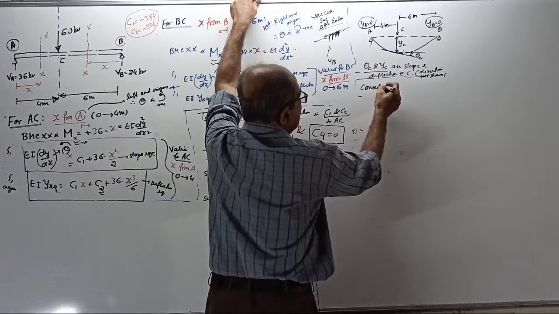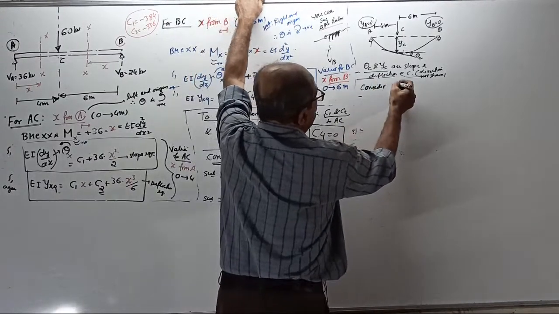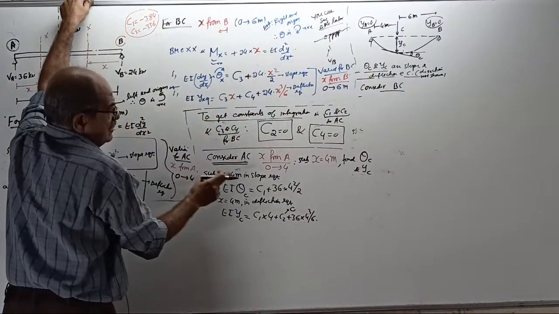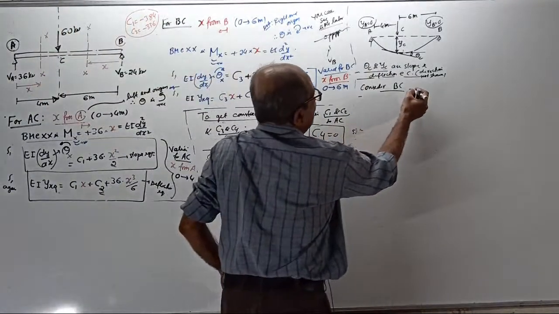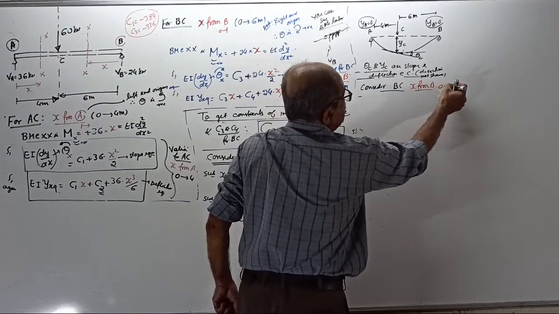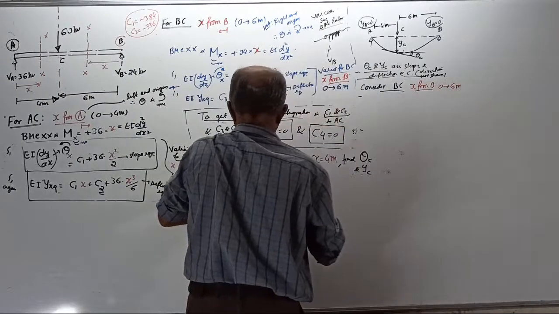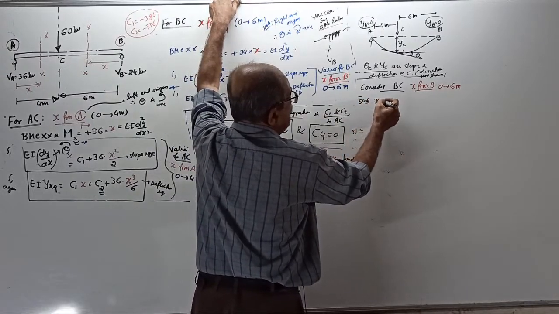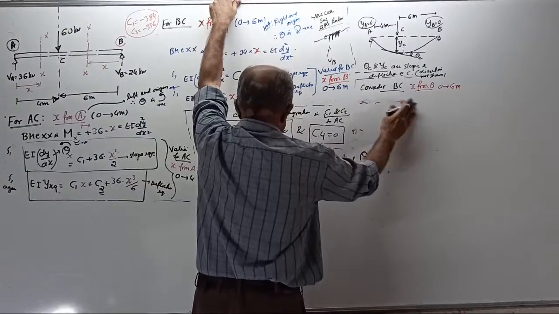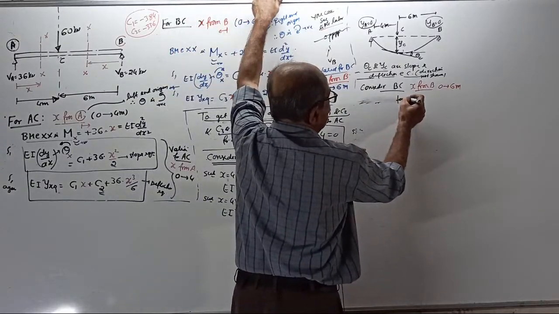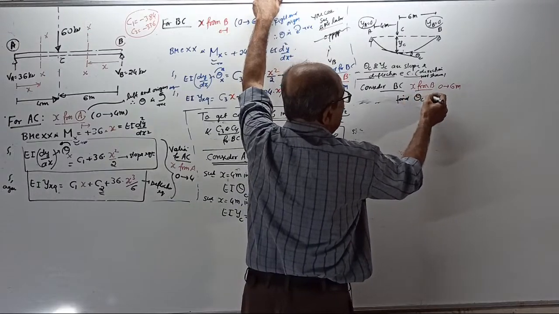Consider the BC portion. X from B varies from 0 to 6 meter. Then substitute x equal to 6 meter. I have written here: find once again theta c and yc.